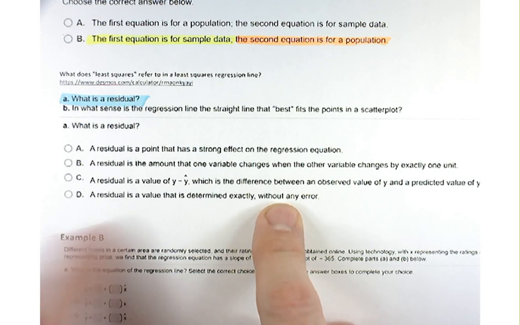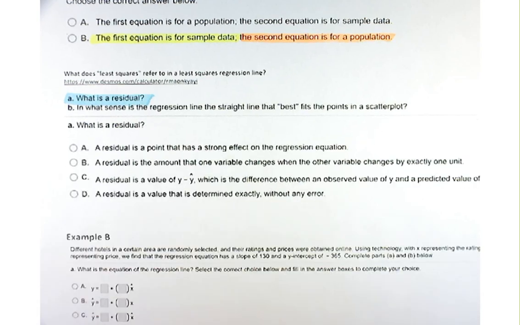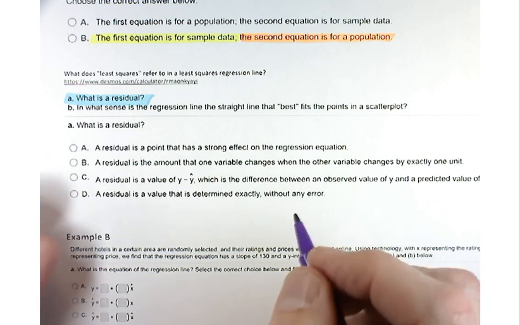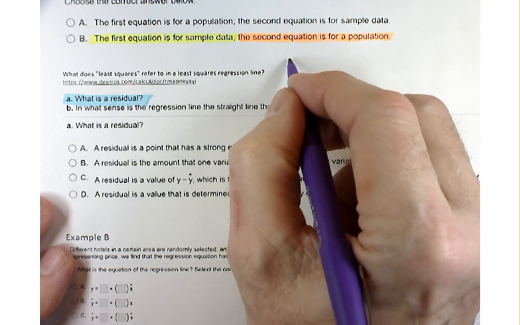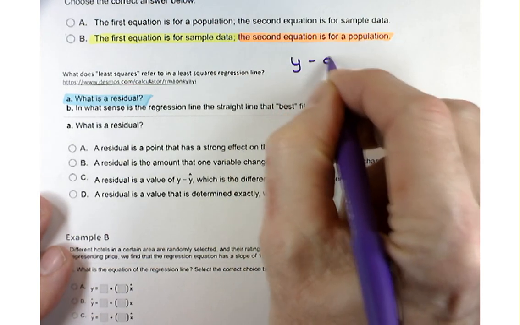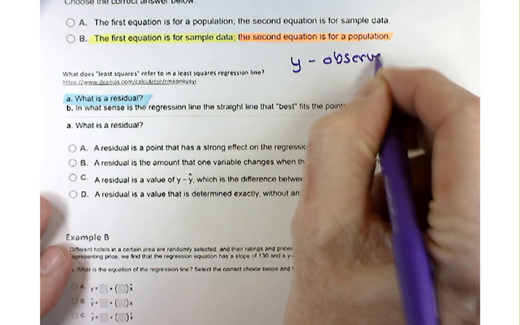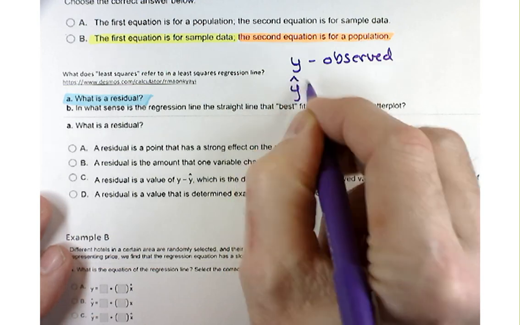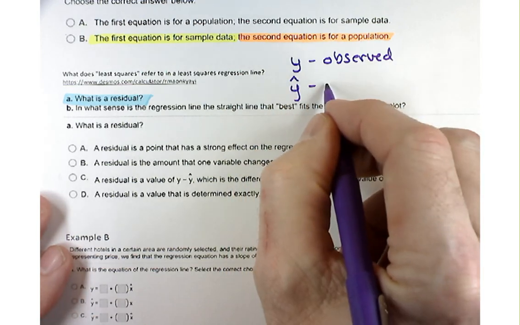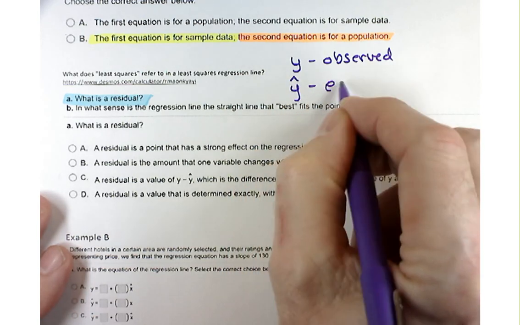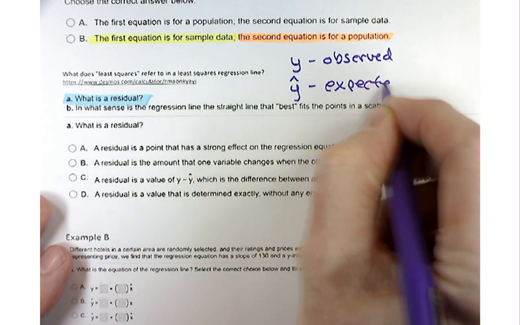It'd be nice if our lines determine things without error, but residual is just the difference between the observed and the expected. So let's remind ourselves that Y is the observed. What's Y hat? Your expected value.